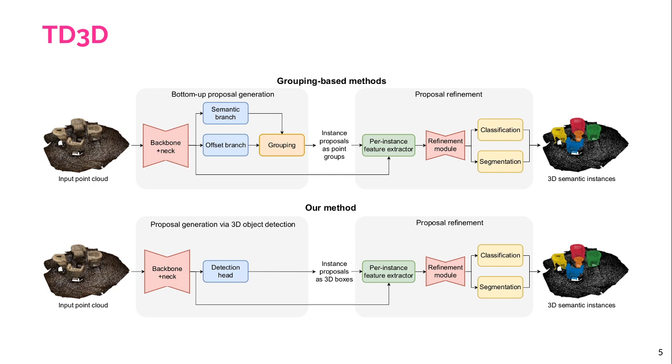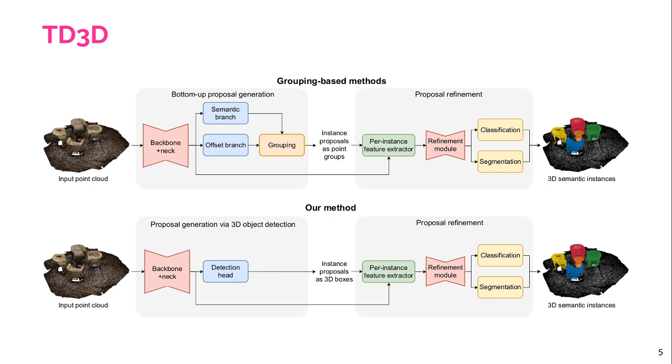First, it detects 3D objects in a point cloud and extracts the corresponding 3D bounding boxes. These bounding boxes are interpreted as initial object proposals and then refined with a lightweight network to obtain final instance masks. All operations in the pipeline are implemented with 3D sparse convolutions.